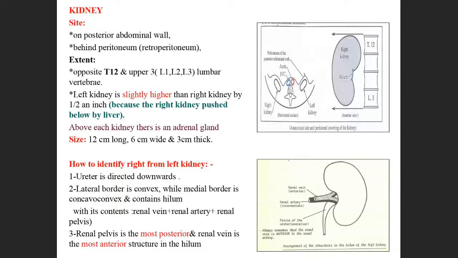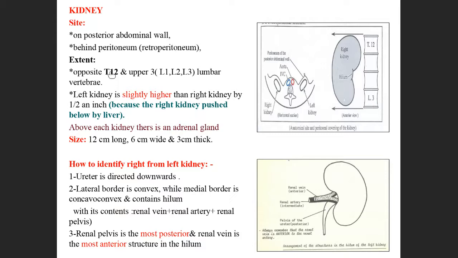Then in relation to the vertebral column, see in this picture, it is opposite to the T12 vertebra, from T12 to the third lumbar vertebra, or you can also say opposite to T12 and the upper 3 lumbar vertebrae.